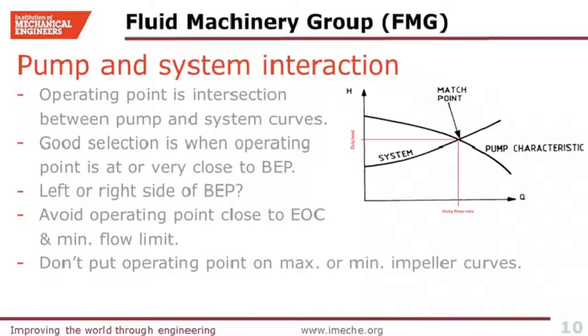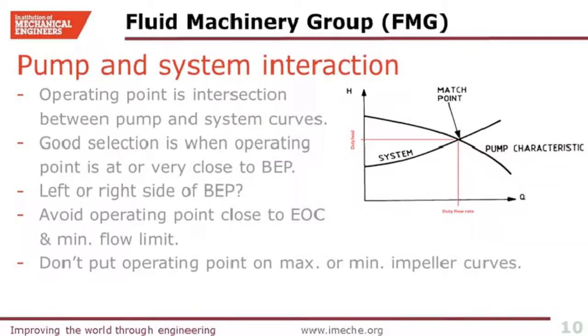Selecting a maximum or minimum impeller will leave no margin for mistakes in your calculations. So you cannot change the impeller to a slightly bigger or smaller one if and when needed. Many users may specify impellers that are less than the maximum diameter impeller, but at the same time, they are sizing the driver for the maximum impeller at end of curve.